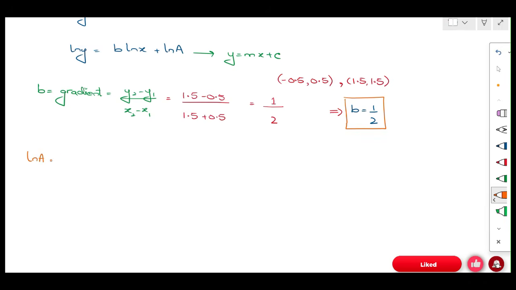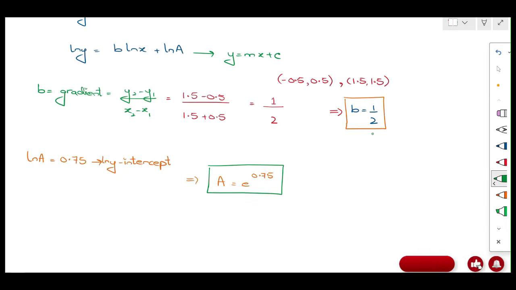Natural log of a is 0.75, and that is your y-intercept. Okay, so from here solve for a. So a would be e to the power 0.75. That is your a. So we got the value of a and the value for b.